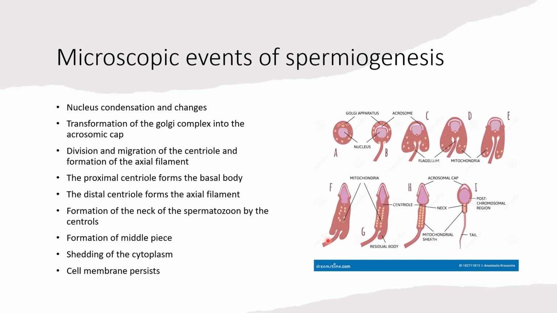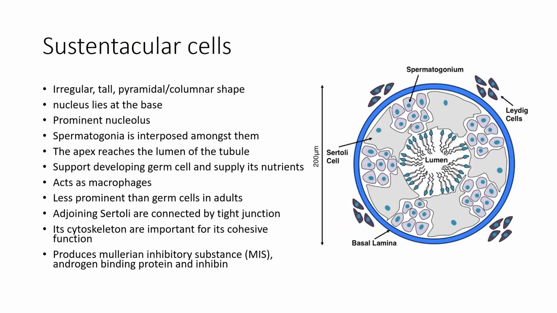As the cytoplasm is being shed, the shape is being refined to have that pin-looking shape of a spermatozoa. But of course, nothing happens to the cell membrane. The cell membrane persists and still forms the outer covering of the spermatozoa.